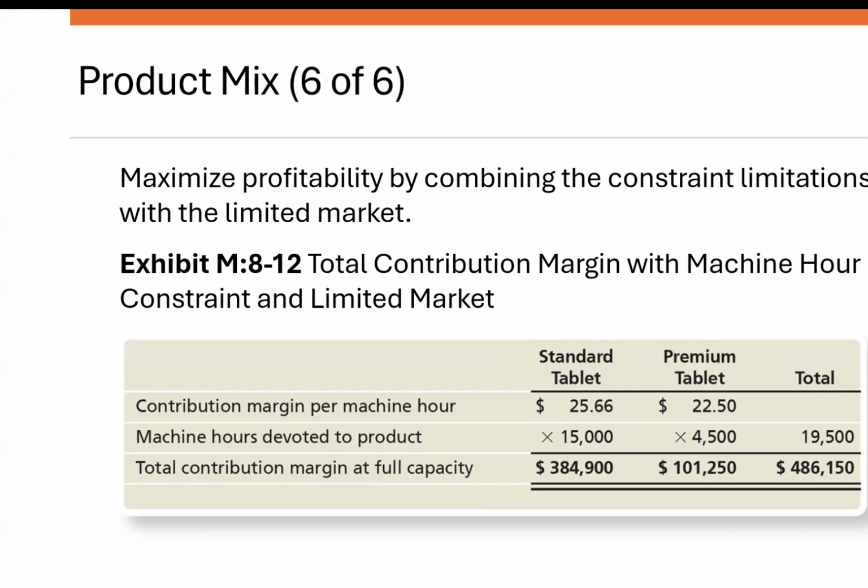Now, suppose a new competitor has decreased the demand for Smart Touch Learning standard tablets, and the company now expects to sell only 2,000 standard tablets as compared to 2,400. So in this scenario, Smart Touch Learning should produce only as many standard tablets as it can sell and use the remaining machine hours to produce premium tablets.